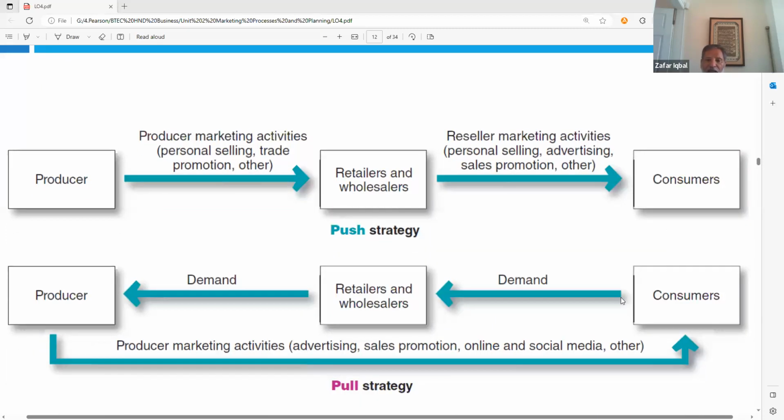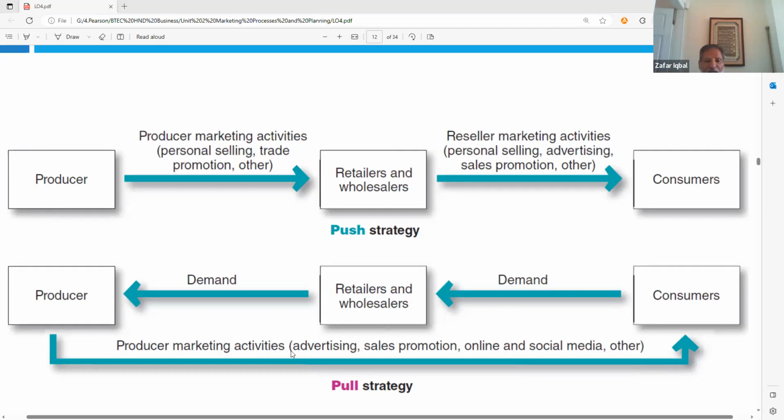the product is demanded by the consumer. They go to the retailers, they buy the product from them, and the retailers and wholesalers get in touch with the producer and say, this is the public demand, and that's what the producers will sell to the retailers.